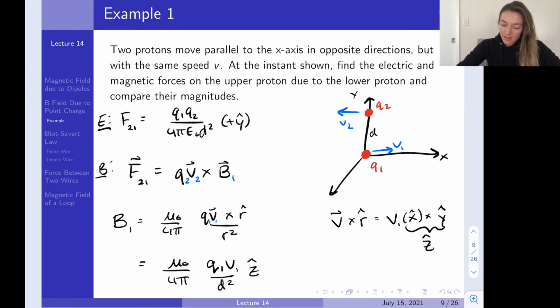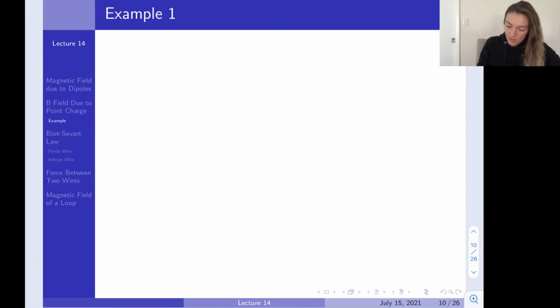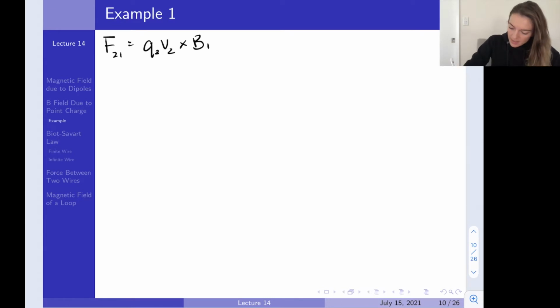Okay, so now I can plug this magnetic field back in here and find the total force on Q2 due to Q1. So let's just rewrite that over here. So we had Q2 V2 cross B1, and B1 was mu naught over 4 pi Q1 V1 over d squared in the z hat direction.